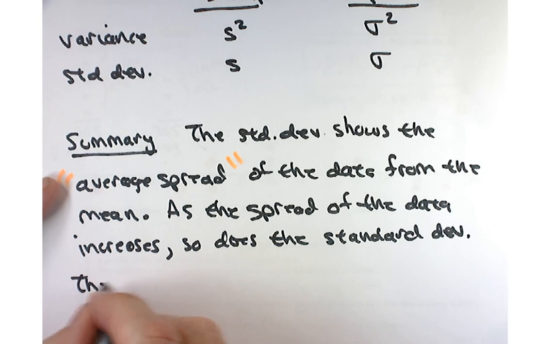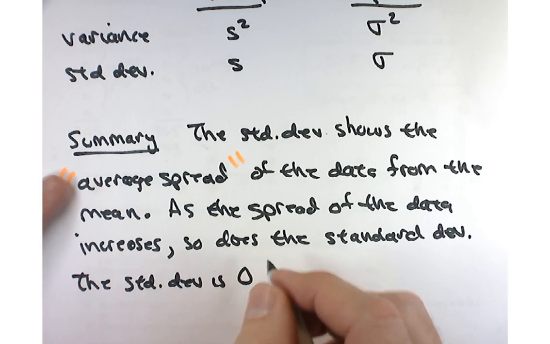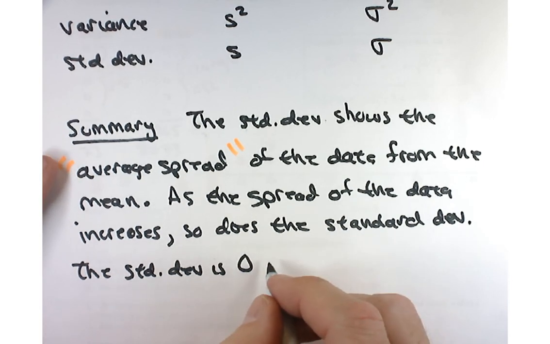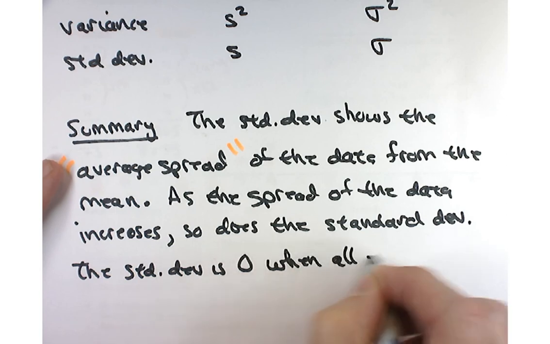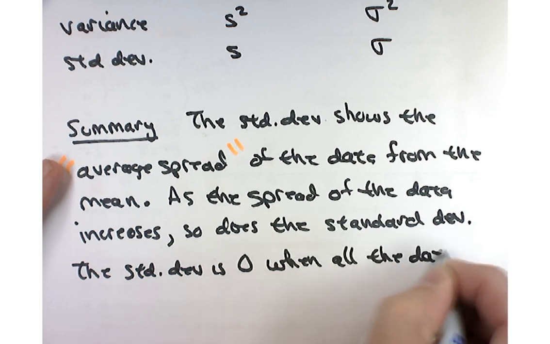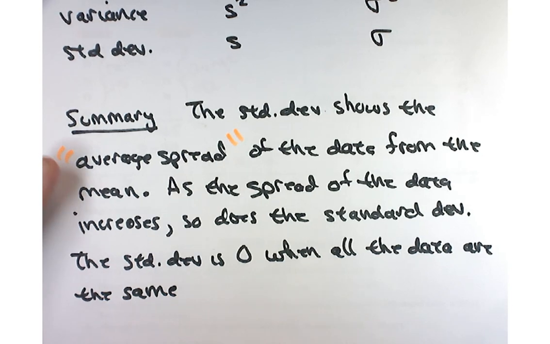So standard deviation is 0 when all the data are the same. And it's positive otherwise.